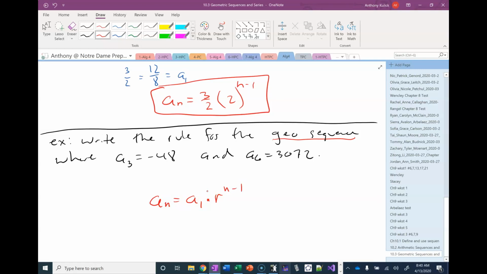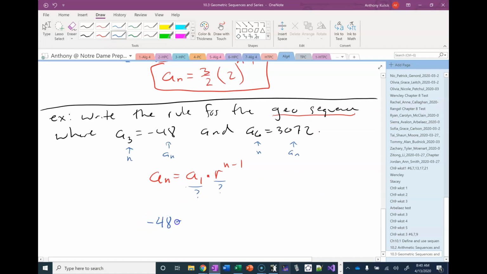Now, to solve this, we don't have our first term, and we don't have the common ratio. So we have two variables to solve for. To do that, we're going to have a system of two equations. So what we have here is an n and an a sub n, and a different n and a different a sub n.